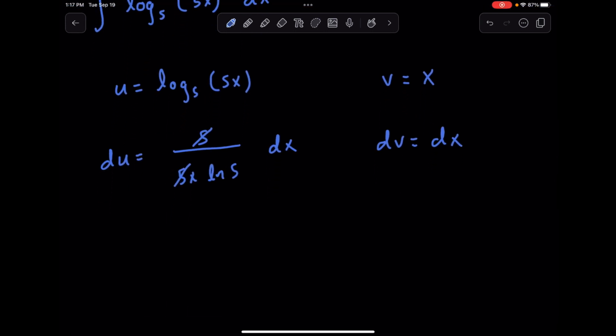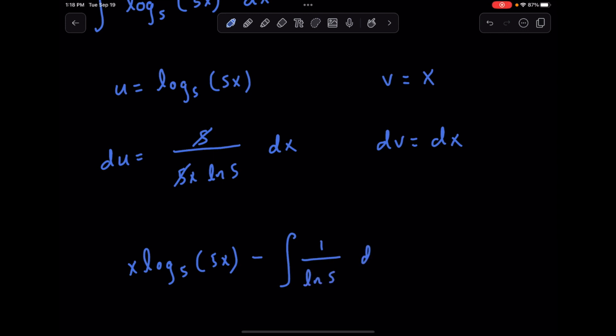Now we can do uv, which is x log base 5 of 5x minus the integral of v du. And this x in the denominator will cancel with the x when it's multiplied by this x. So this is just 1 over ln 5 dx.